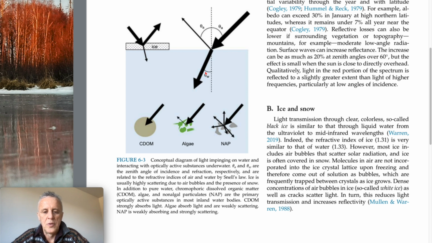So we have an angle of that light being scattered, another angle of that light being reflected, and then we have different behaviors of light being either scattered, absorbed, or reflected.